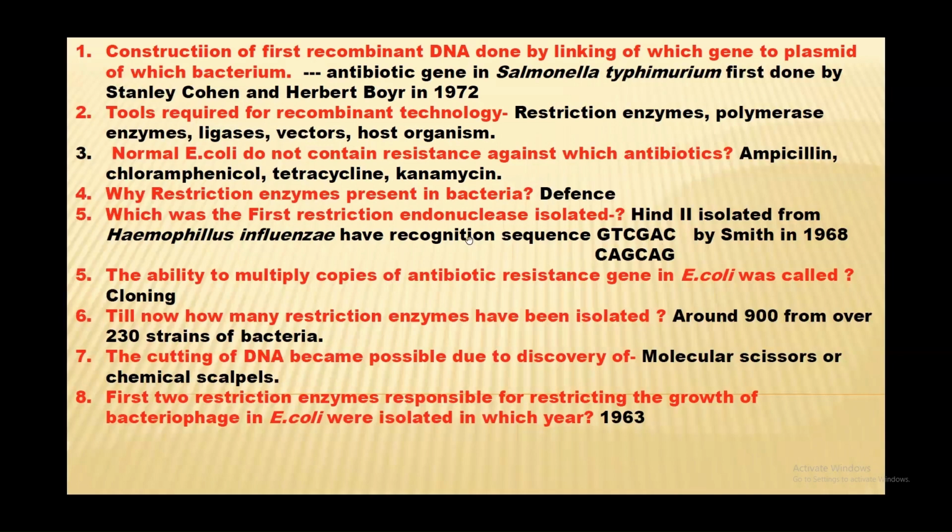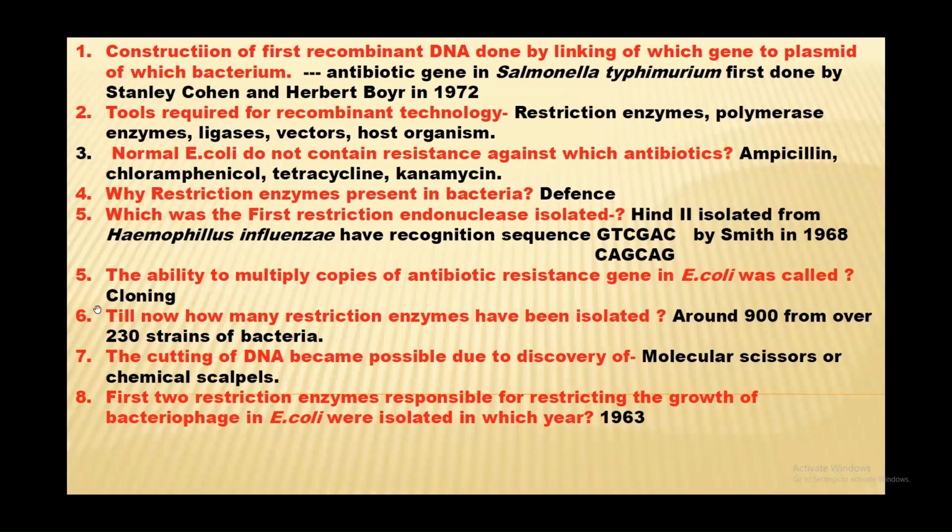So try to understand, the restriction enzyme can cut DNA at a specific sequence of 6 base pairs. So this Haemophilus influenzae enzyme can cut the sequence GTCGAC. This restriction endonuclease was isolated by the scientist Smith in the year 1968.